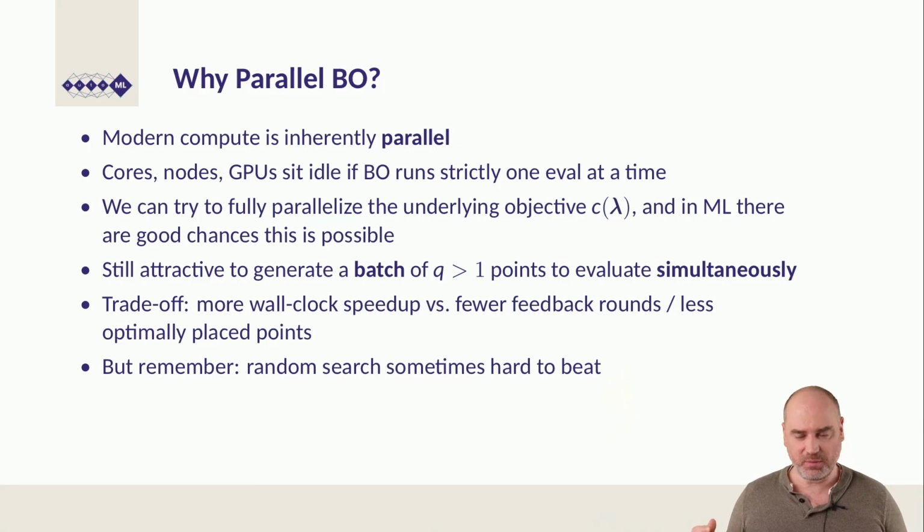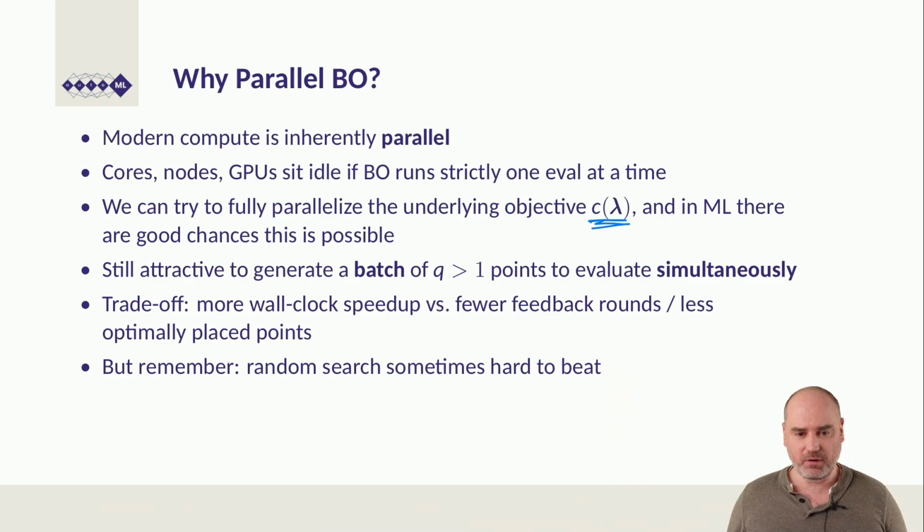We're producing one point after another, but the evaluation of that point, that's the costly thing. And maybe we can simply parallelize this evaluation C of lambda and use all of our parallel hardware to make it faster, and then potentially everything is solved.